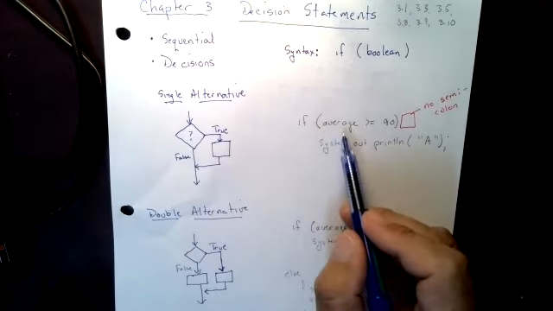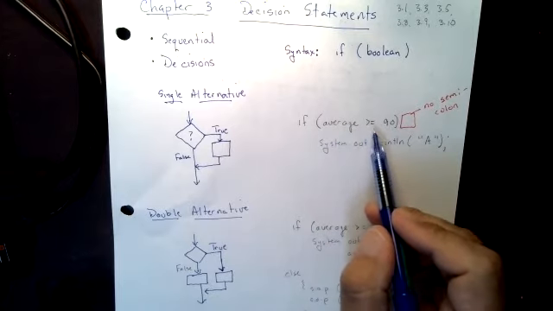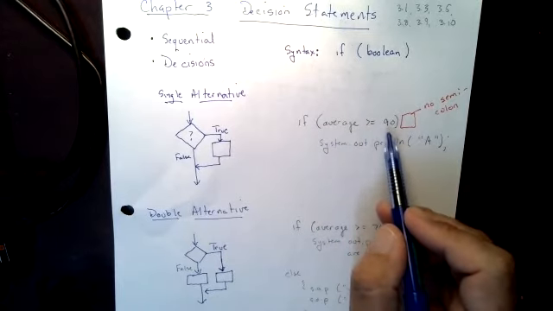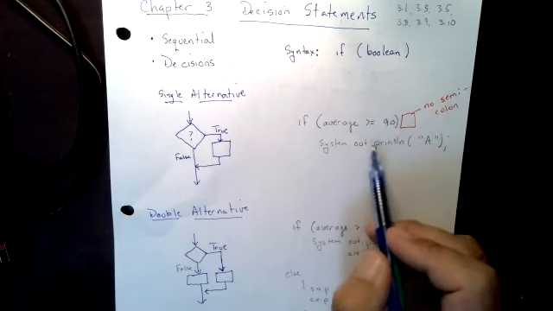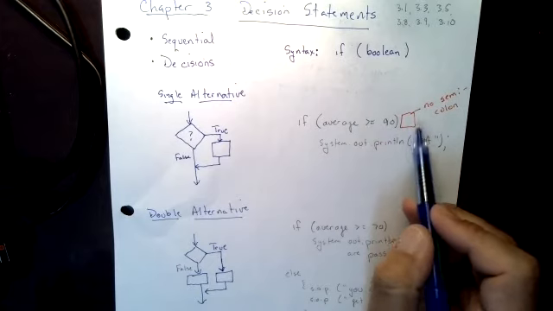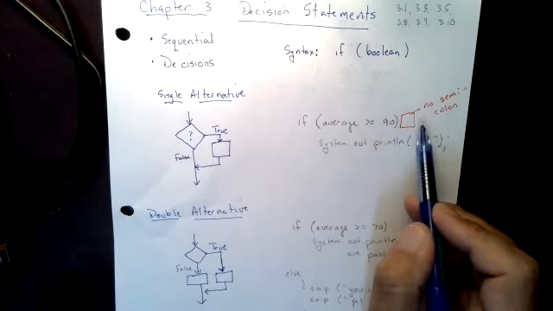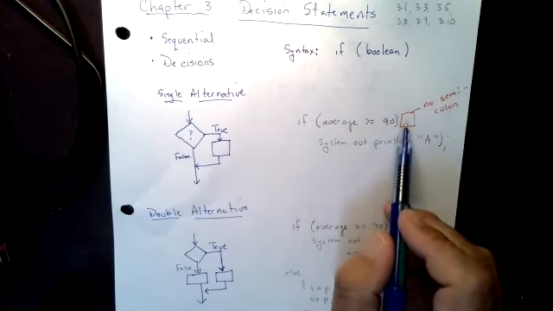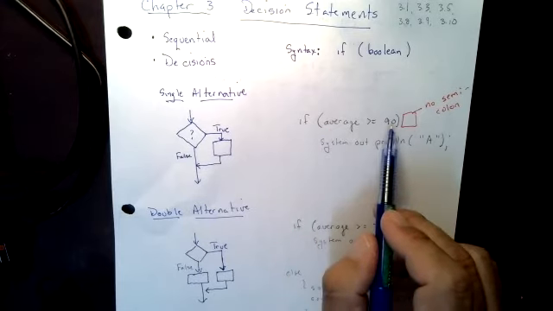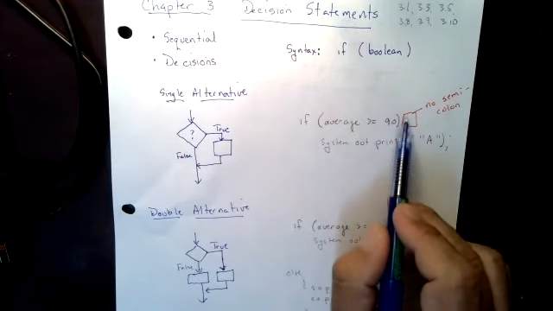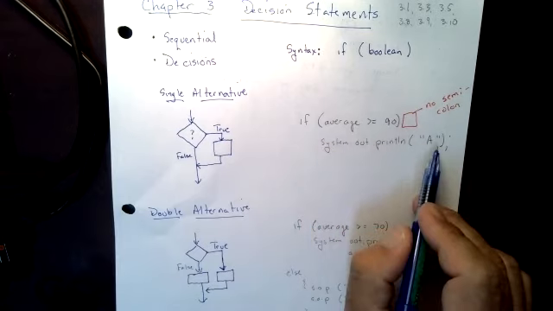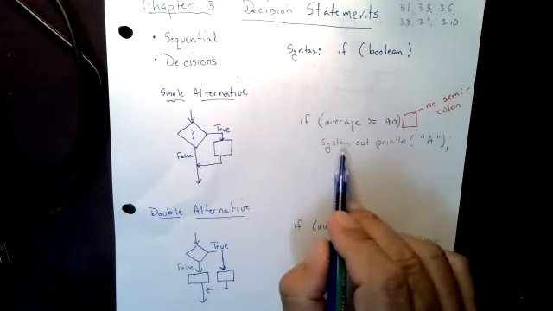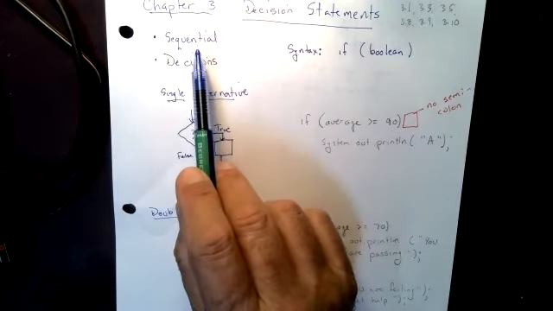Now, if you look to the right side of my page, you see an example. If average is greater than or equal to 90. Now, this statement continues. So I'm making a big deal right here, no semicolon. Because if you have a semicolon and you say, if average is greater than 90, semicolon means end that statement, this line would get executed every single time because it's just the next line in the program in this sequential step.